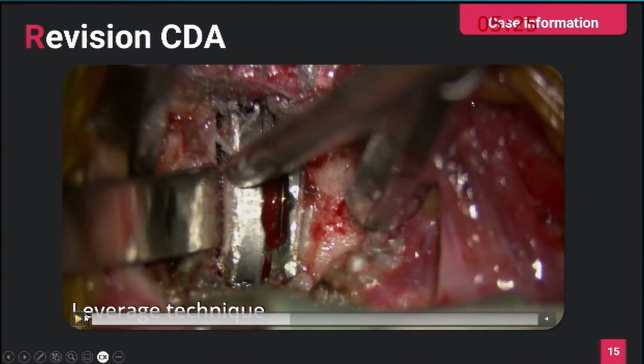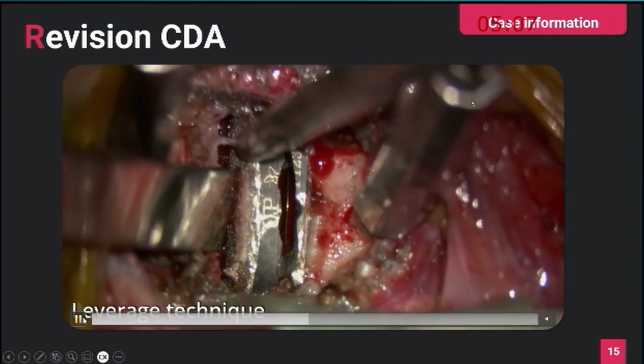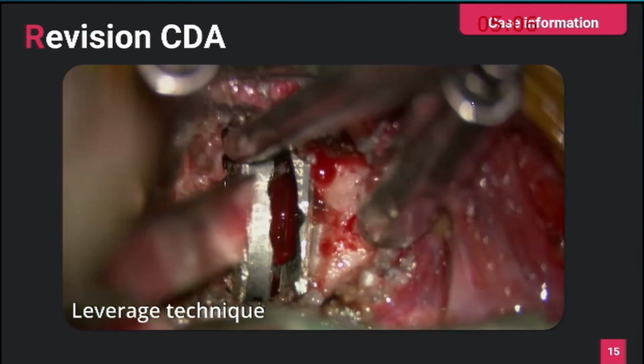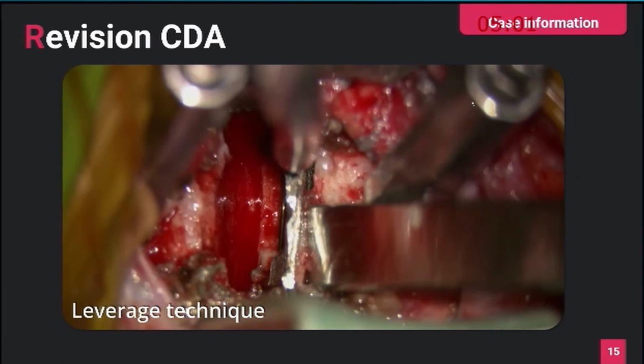Just like leverage walking, when we have enough space, you can use the osteotome, dissectors, or elevators to detach the artificial disc and the implant without marring or destroying the implant, to preserve the implant. The upper part, remove it, and the lower part.